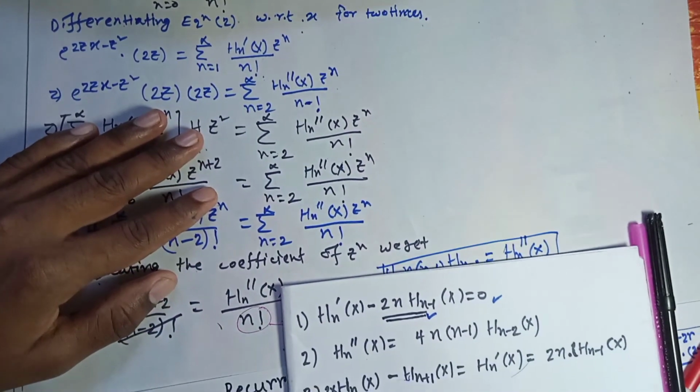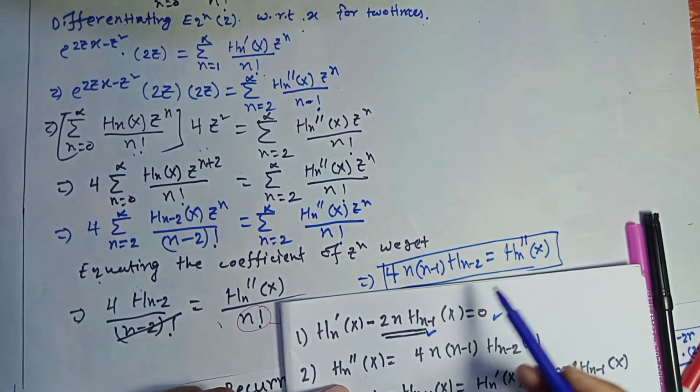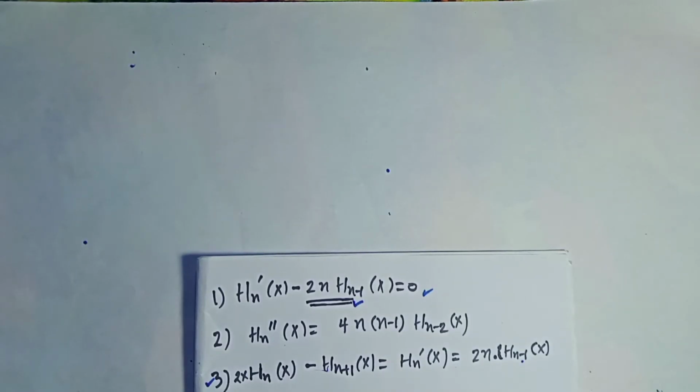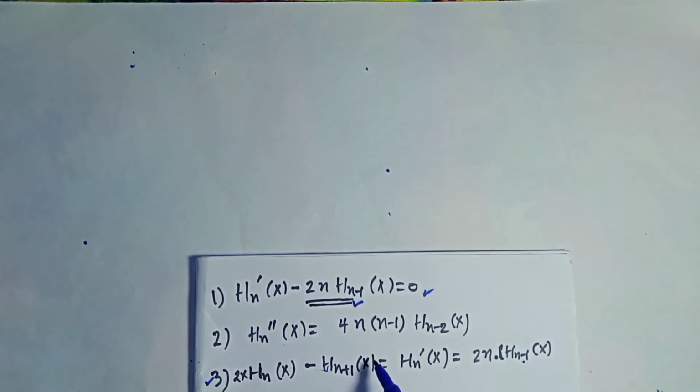Here we see that Sn double dash of x is equal to 4n into n minus 1 Sn minus 2 of x. Now we try to solve the third recurrence relation, 2x Sn of x minus Sn plus 1 of x is equal to Sn dash of x, or 2n into Sn minus 1 of x.